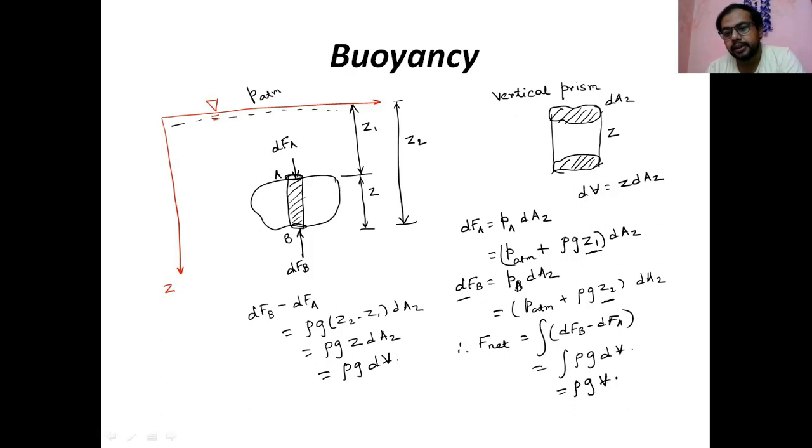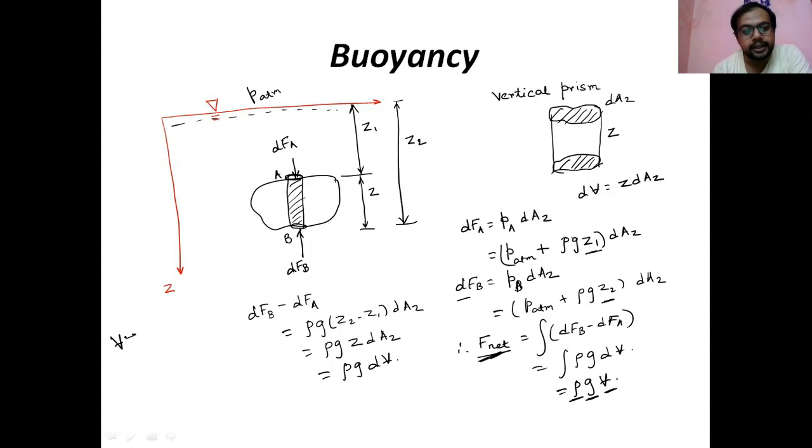The remaining part is the volume. Keep in mind, this rho is the density of the fluid, because we are taking this rho from the hydrostatic law. It is the density of the fluid, not the solid. So we have the density of the fluid, gravitational acceleration, and the total volume of the arbitrary substance.